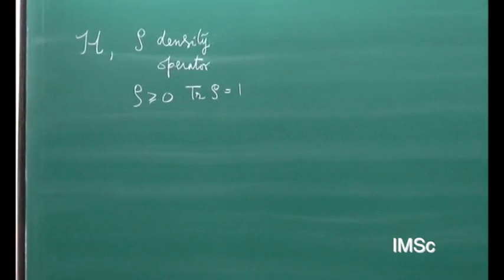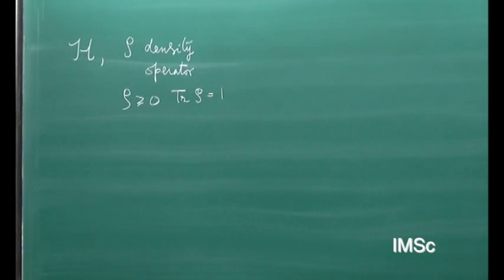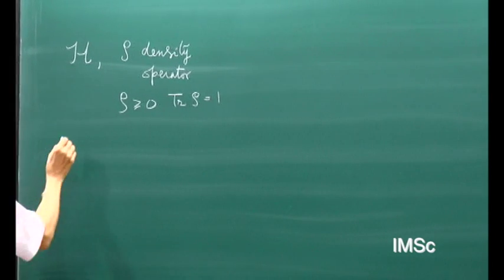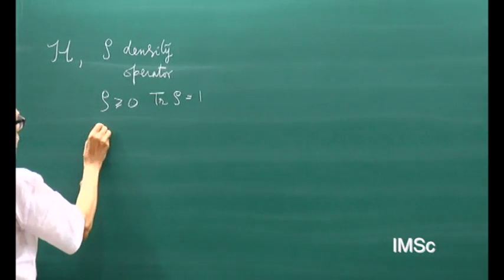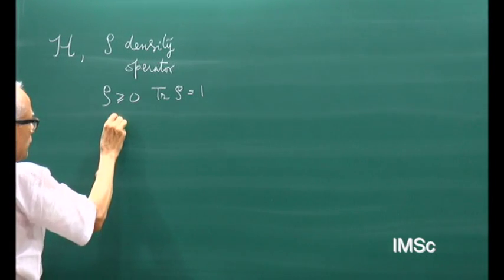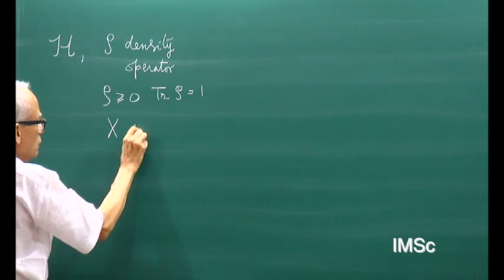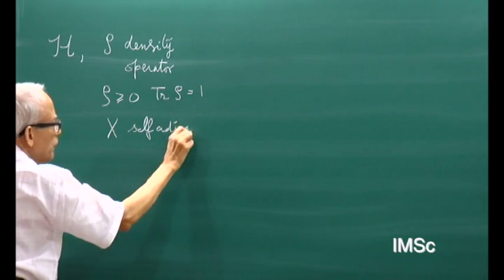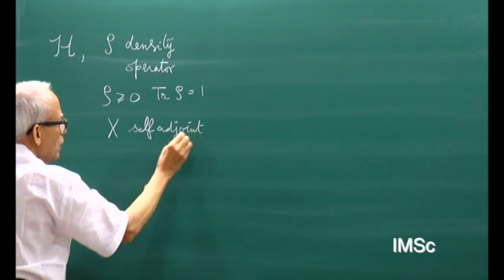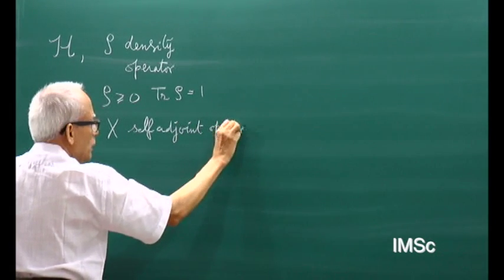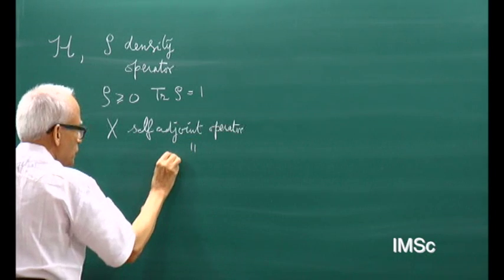Random variables are replaced, as you saw in this example, by what are called observables, and observables are self-adjoint operators. Self-adjoint operators can be unbounded or bounded, and they are called observables in quantum theory.